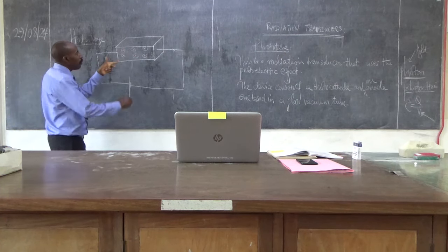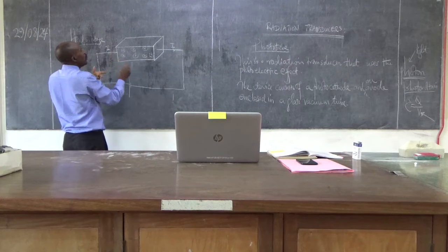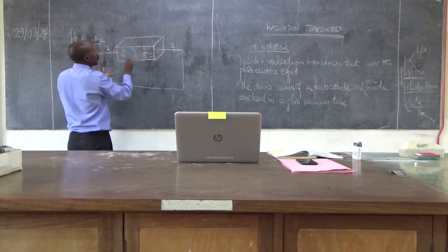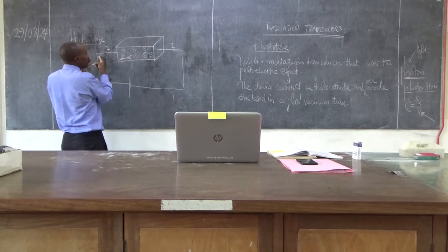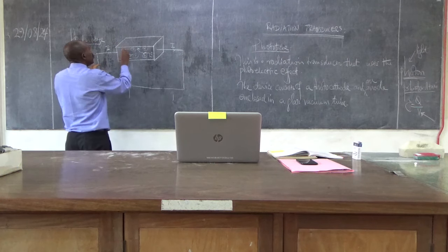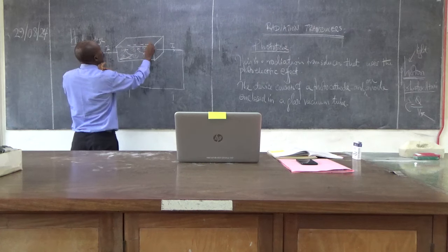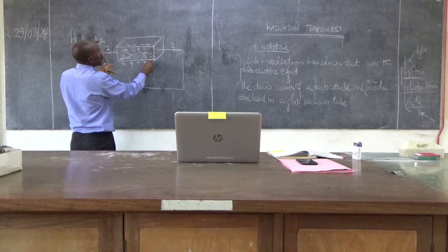So you would have all the electrons. If the conventional current is in this direction, you have all the electrons moving in the other direction. And when you put these two variables, then they start drifting to the top. Then you end up having this one negatively charged, this positively charged, then you get potential.